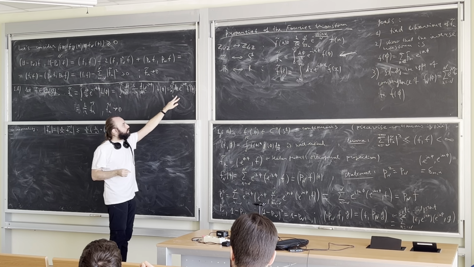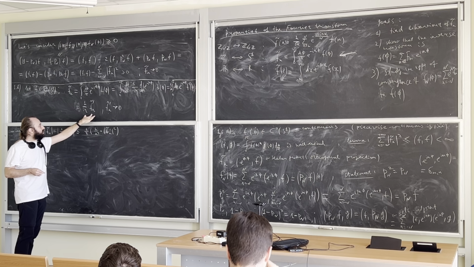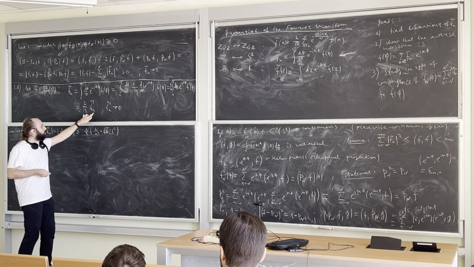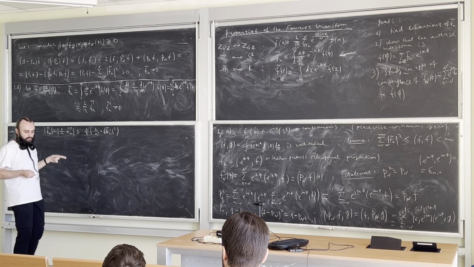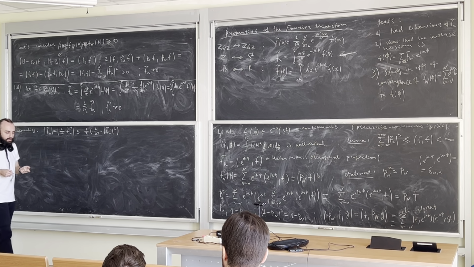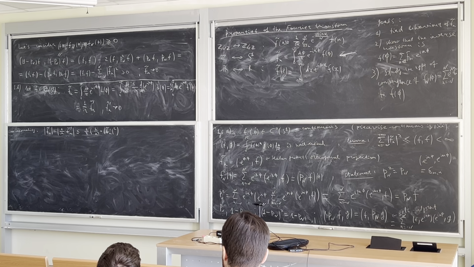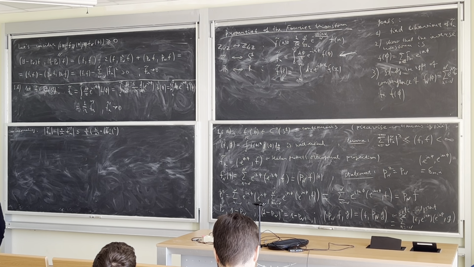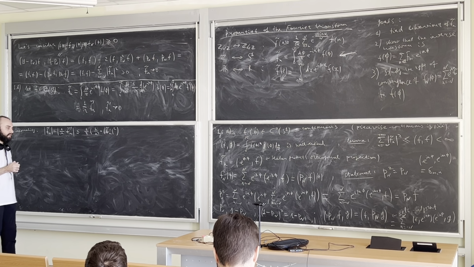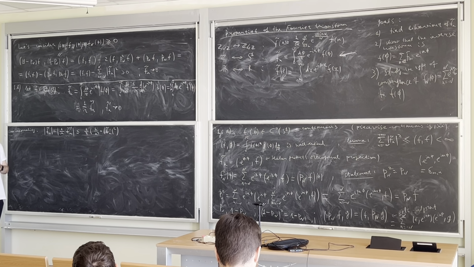Yes, but it goes to 0. But this formula says that it goes to 0 with a specific rate. It goes to 0 faster than 1 over n. So is it fine?